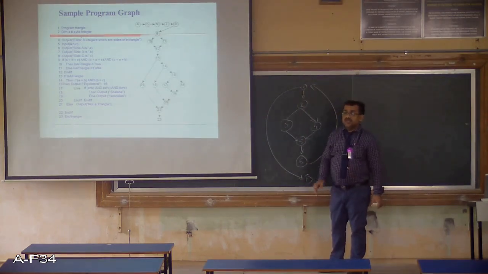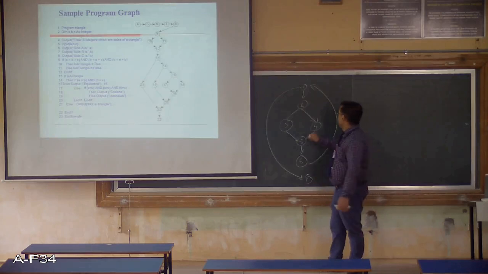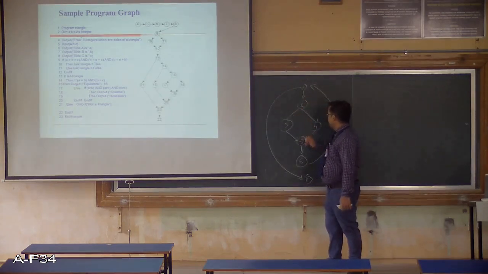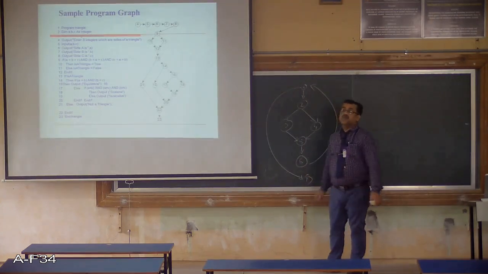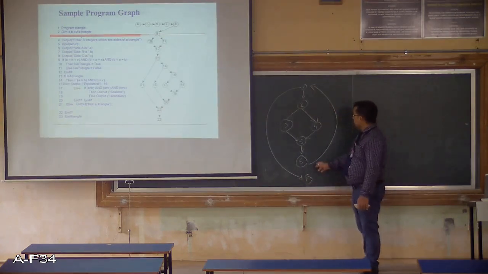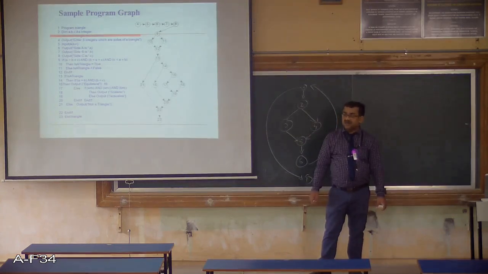Out degree means the number of edges which are outgoing from that particular node. For this particular node, in degree is 1, out degree is 2. Similarly, for node 5, in degree is 2, out degree is 1. This is the concept of the graph.